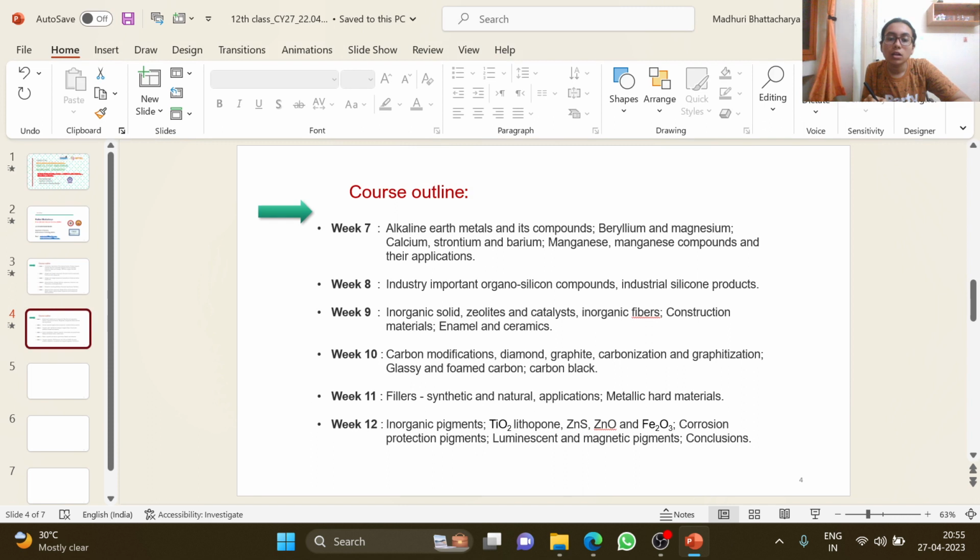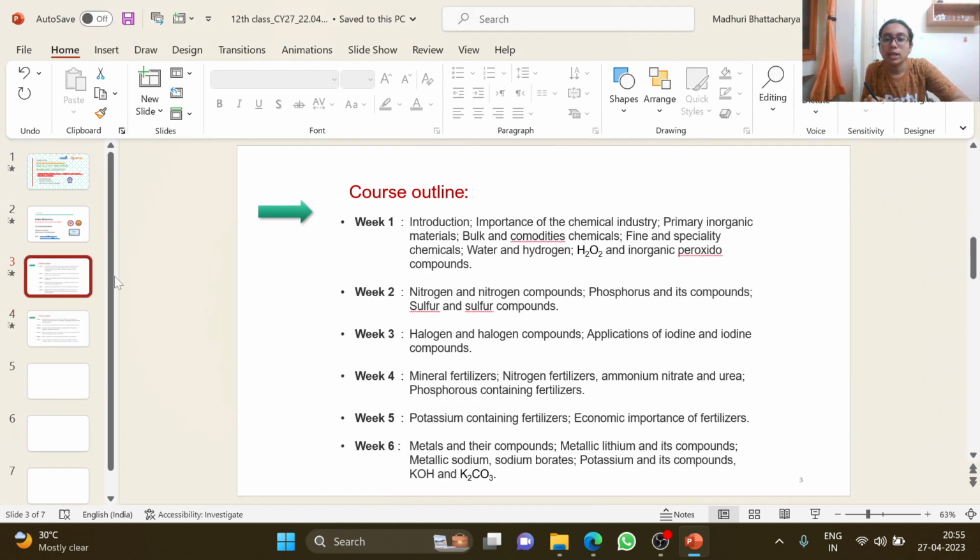So far we have covered the important inorganic materials, starting from peroxide materials, bulk commodity materials, and then nitrogen, phosphorus, sulfur based compounds, halogen compounds and their applications, and fertilizers like nitrogen based, potassium based, phosphorus based, and mixtures of fertilizers.